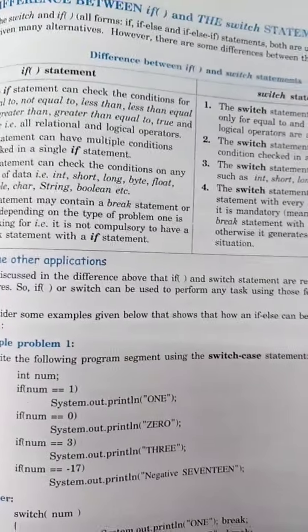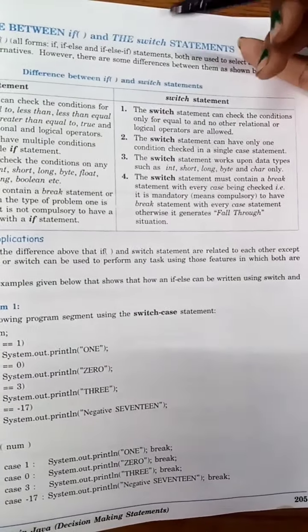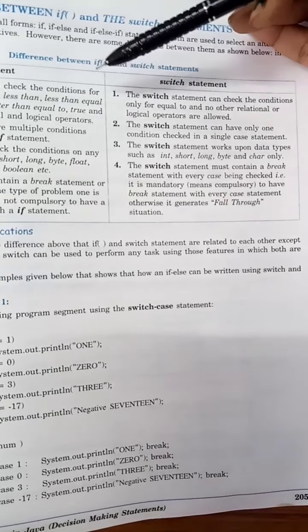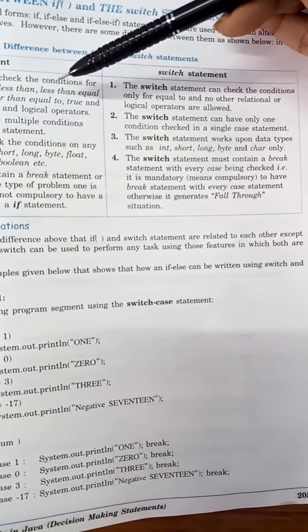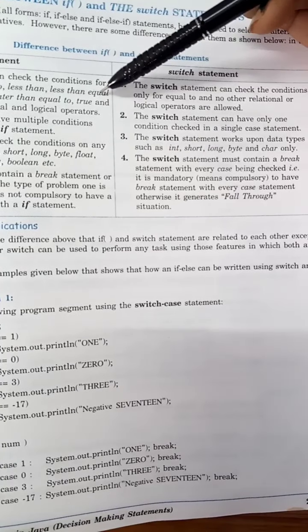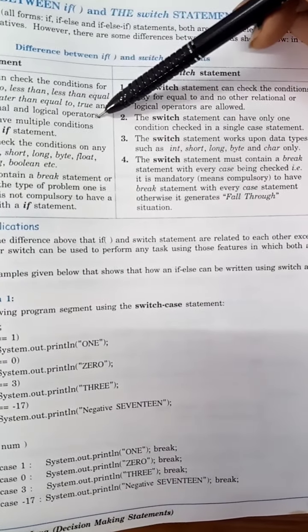Now, what is the difference between if statement and the switch statement? This one is important. If statement can check the conditions for equal to, not equal to, less than, greater than, true or false, all relational and logical operators.